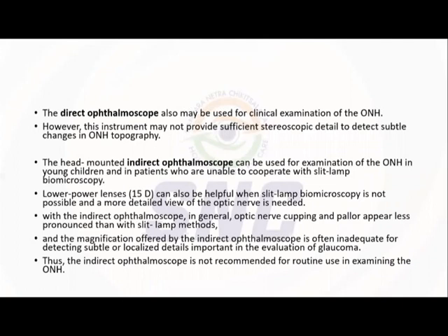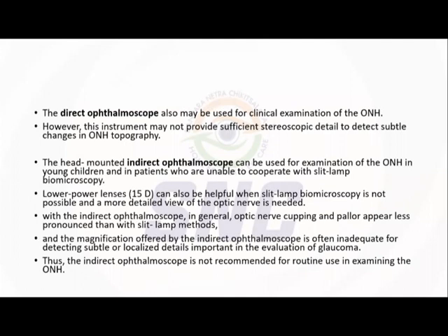The direct ophthalmoscope may also be used for clinical examination of the optic nerve head, but this instrument may not provide sufficient stereoscopic detail to detect subtle changes in optic head topography. The indirect ophthalmoscope can be used for examination in young children and patients who are unable to cooperate with slit lamp biomicroscopy.